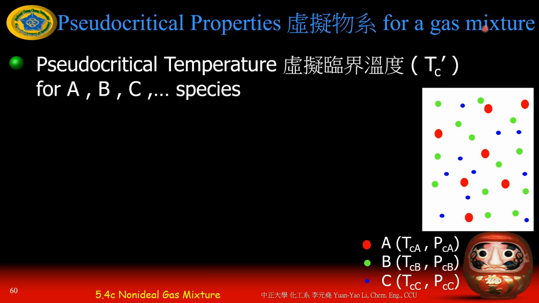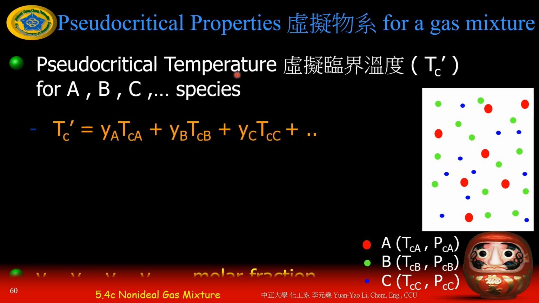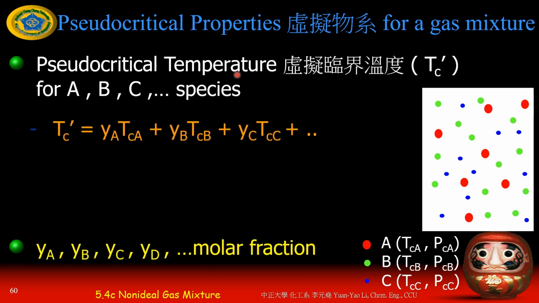Let's think of this. So pseudo-critical temperature, how do you define pseudo-critical temperature? Easy, but you need to remember because I want to tell you one more time, this will be in your final exam. And why not just learn now? It's easier, right?